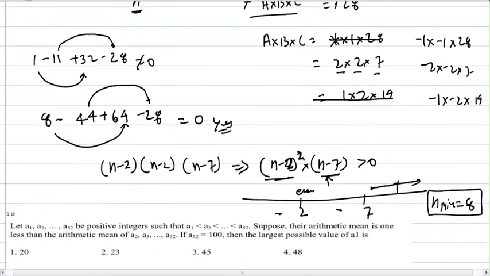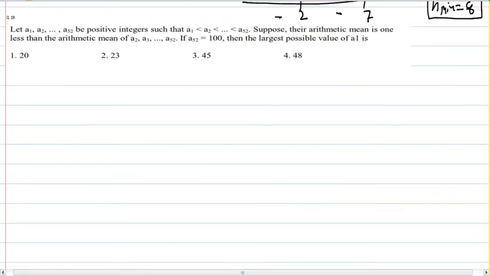Now, what does the next problem say? This is the end of the sheet for us. This is the last problem of algebra 2018. Let a1, a2 and so on and so forth up to a52 be positive integers such that a1 is less than a2 is less than a3 is less than a52.